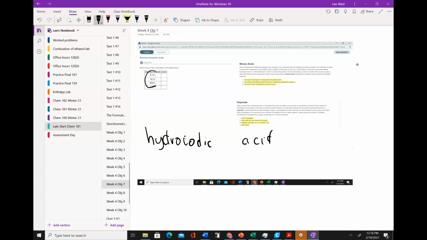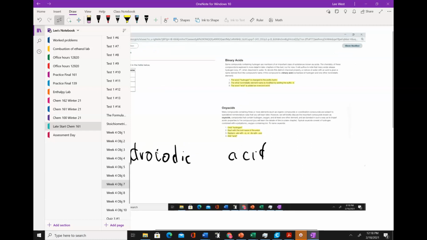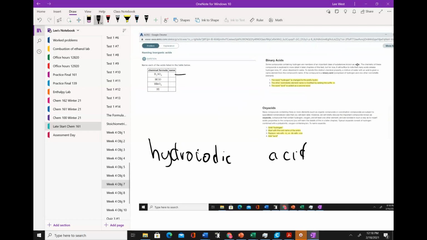And then the remaining three are oxyacids, right? It says start with the root name of the anion. So we need to know the anions. The anions are pretty easy to figure out. You just take away the hydrogens and they become the negative charge.